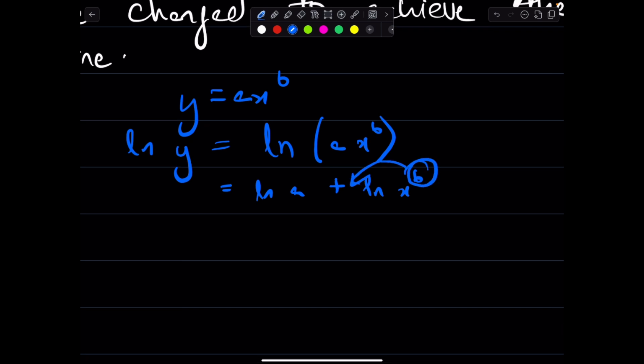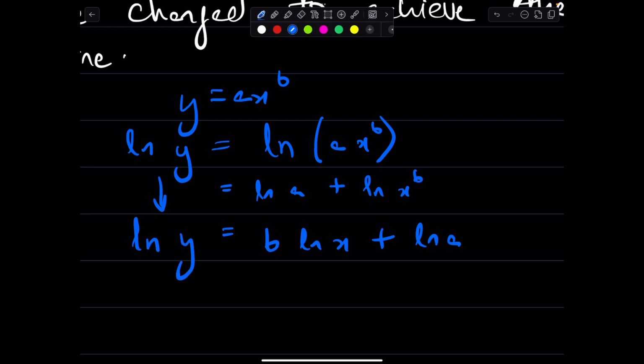And that is what we'll do to further simplify this. So I can rewrite this as b ln x plus ln a. And the y-axis is ln y essentially.